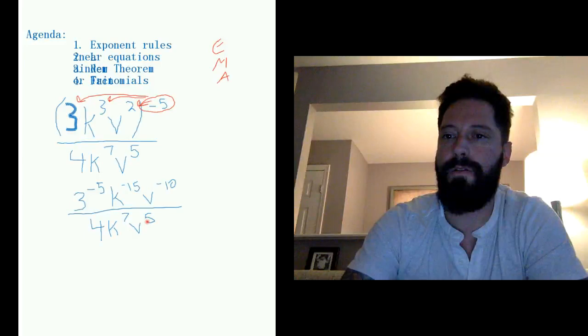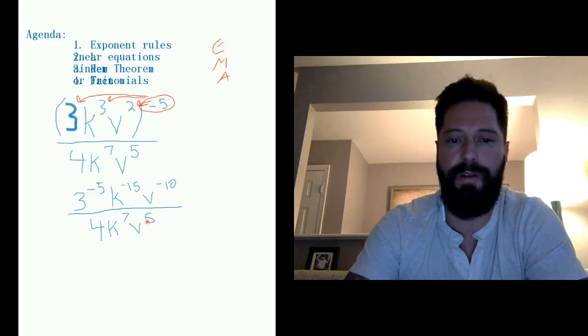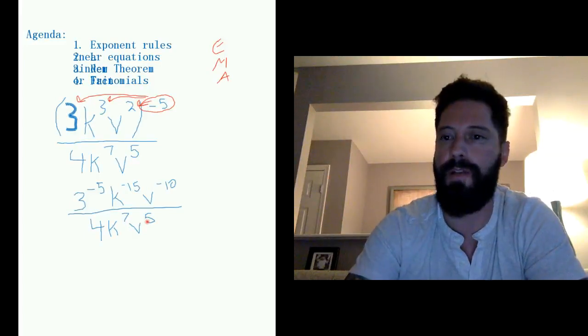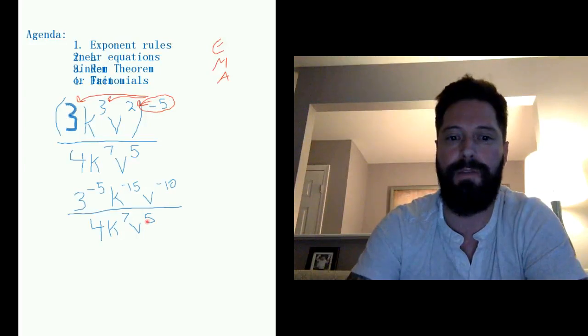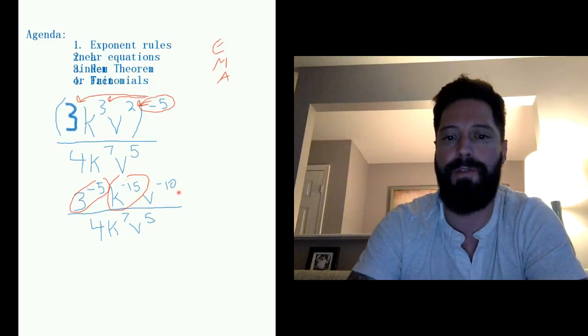From here, we're going to just deal with the negatives. We only have negatives in the numerator, so that's nice. Everything in the numerator has a negative exponent, so all this stuff has to be moved to the denominator.